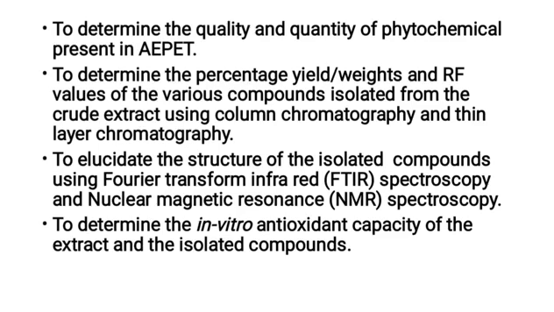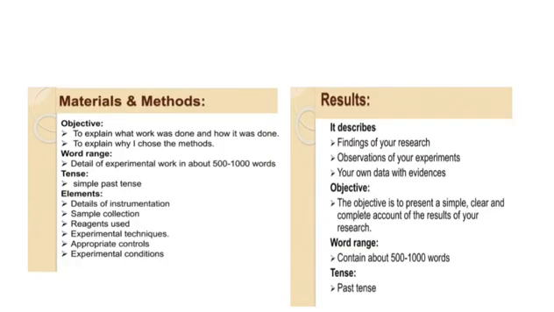Then, when you have finished presenting your result, usually we present a table, and under the table you have to explain the footnote: the abbreviations in that table, or if it is a graph, the legend.